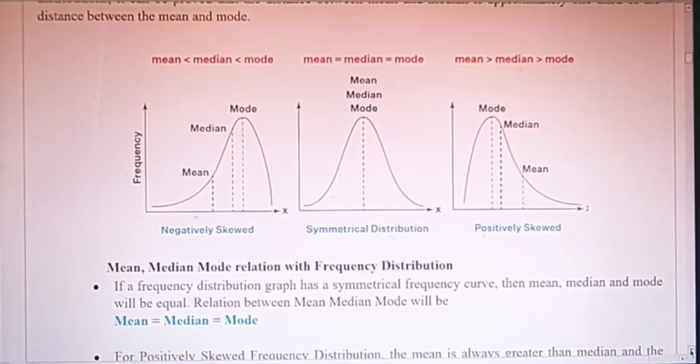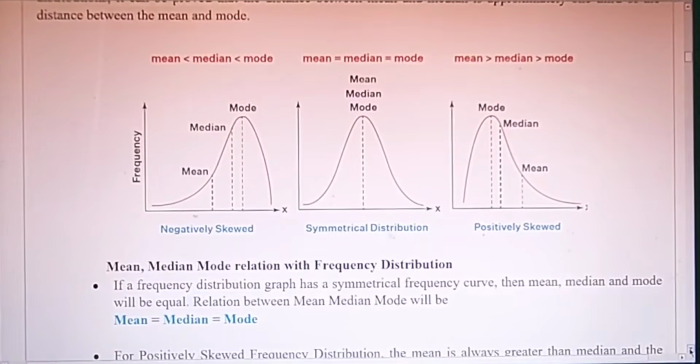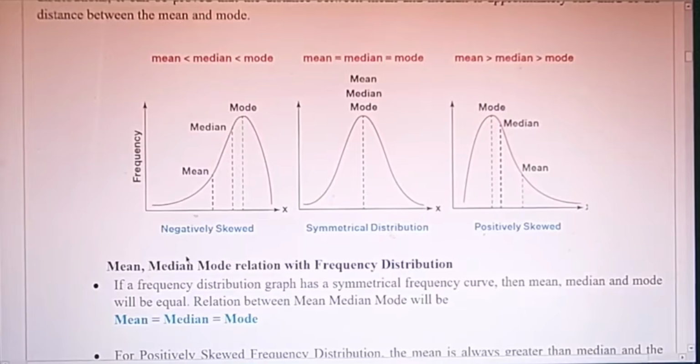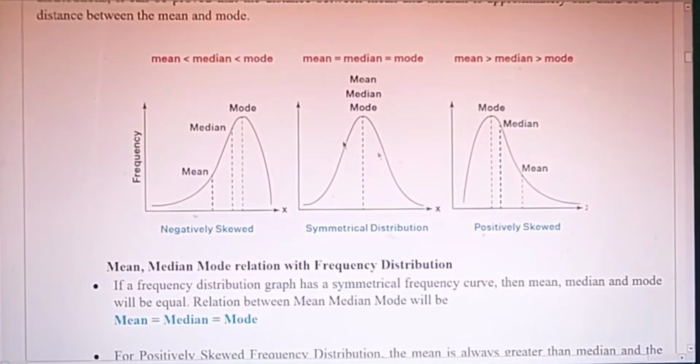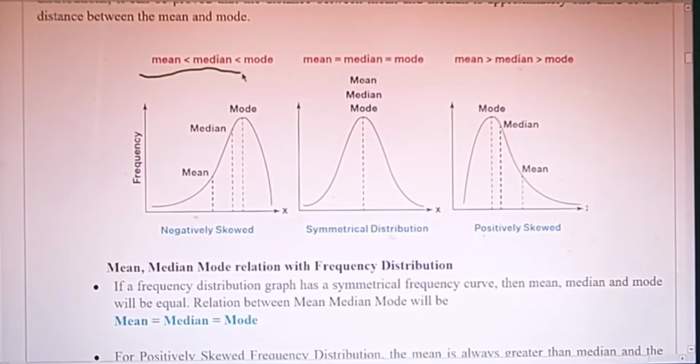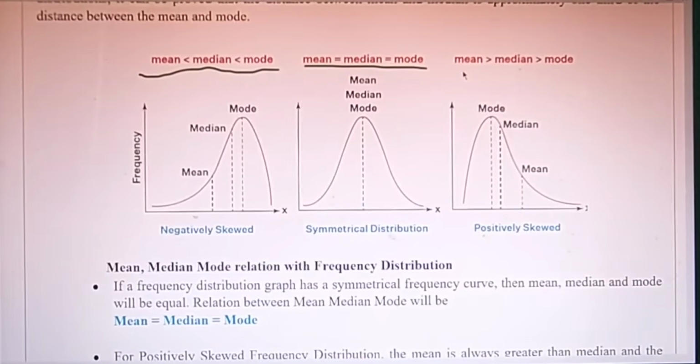We know about this, and we can also represent their relationship in this way. In this diagram, as you can see on the screen, these are the three types of conditions that can happen with mean, median, mode. In the first case, mean is less than median and median is less than mode. In the second, mean, median and mode are all equal, and in the third, mean is greater than median and median is greater than mode.